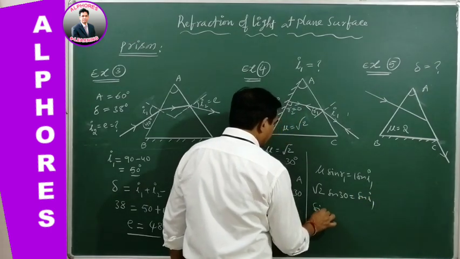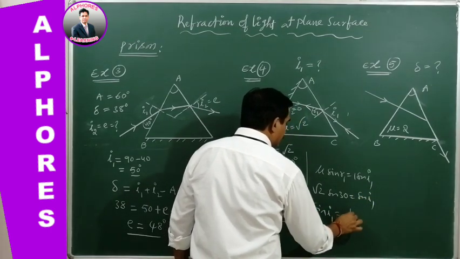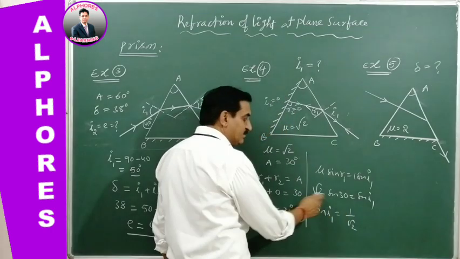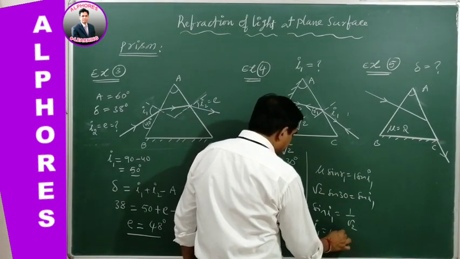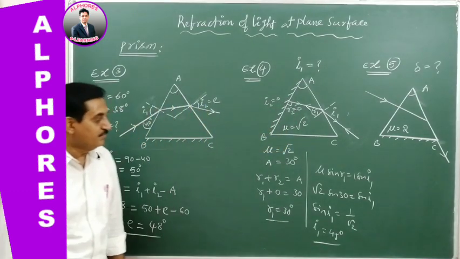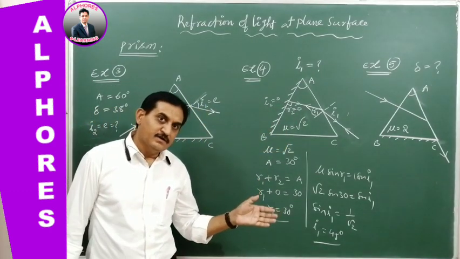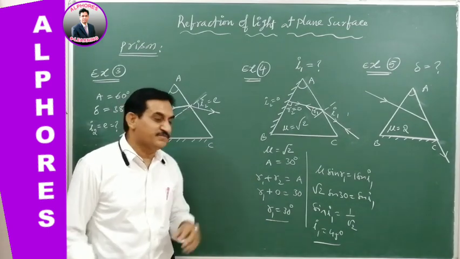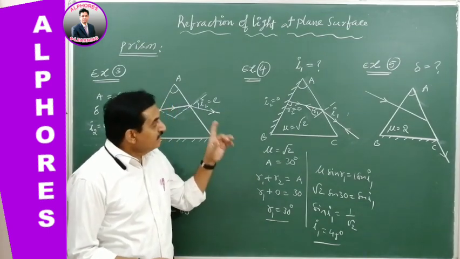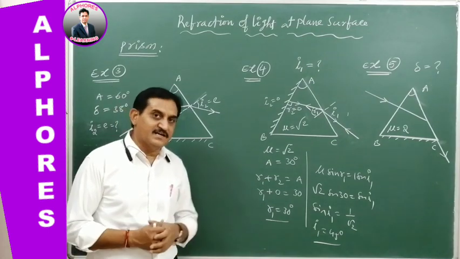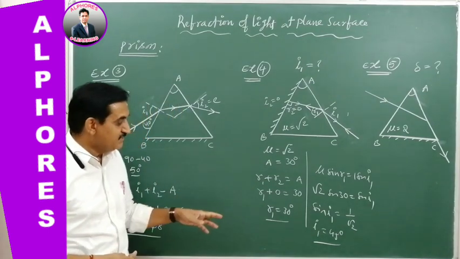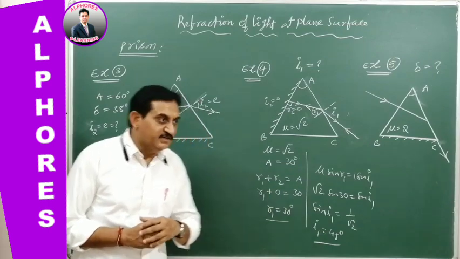So sine I1 is equal to 1 by √2, and I1 is equal to 45 degree. At this angle of incidence, light enters the refracting surface AC, is incident on the silvered surface, and again retraces along the same path. So this is possible for an angle of incidence of 45 degree.